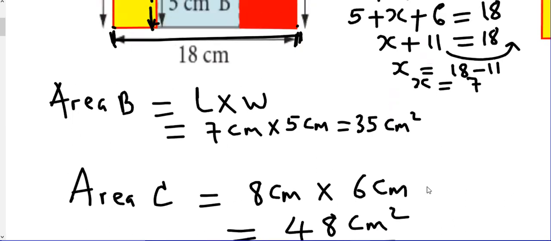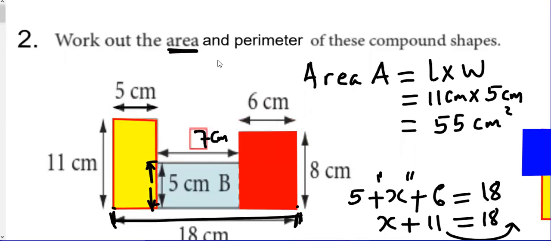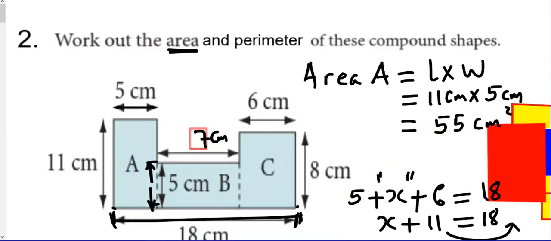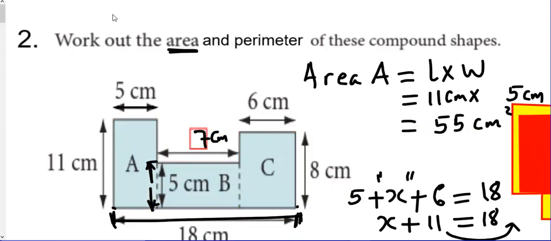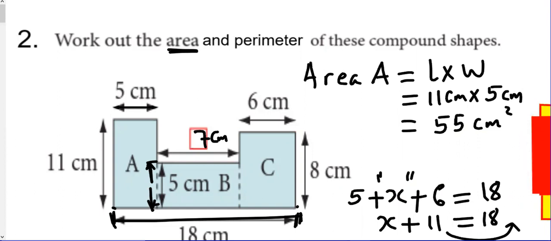Now, is that final? After finding the area of those small other shapes, is that the final answer? The answer is no. We are not yet done, because the question is to work out the area of the compound shape.